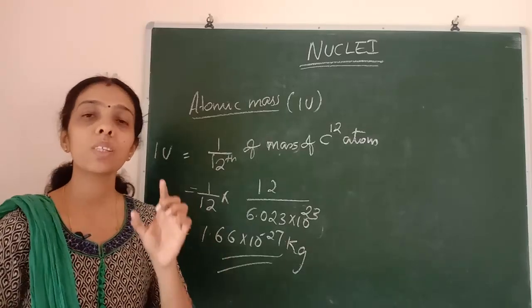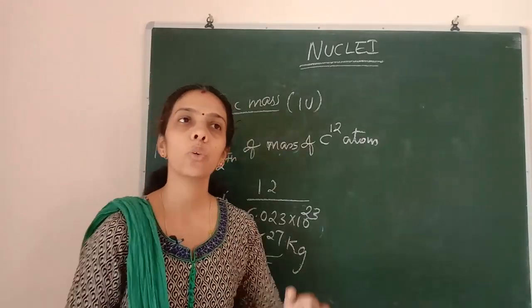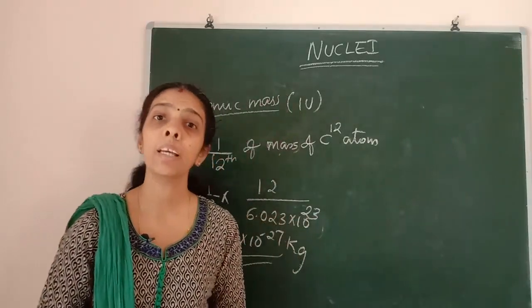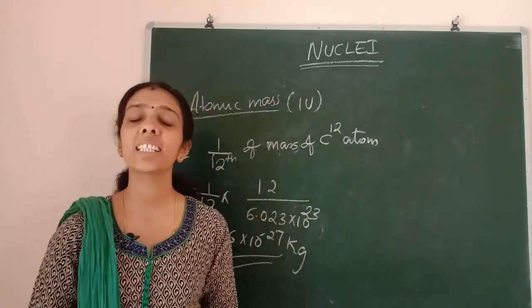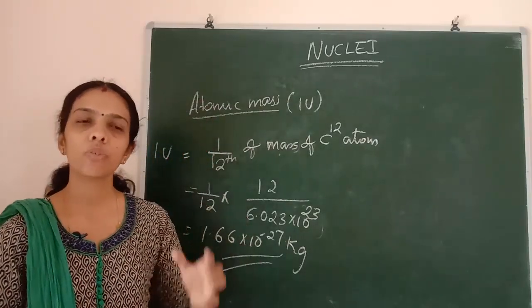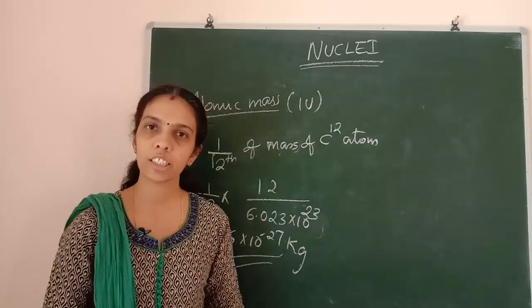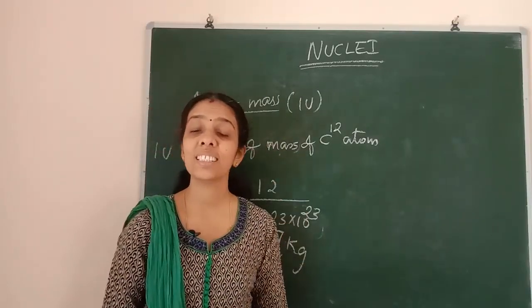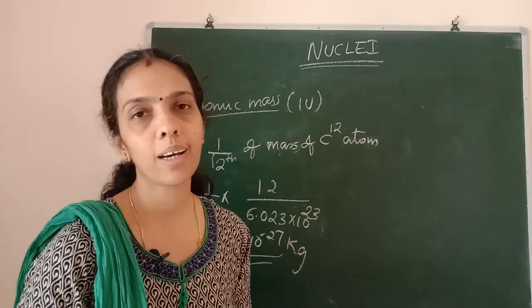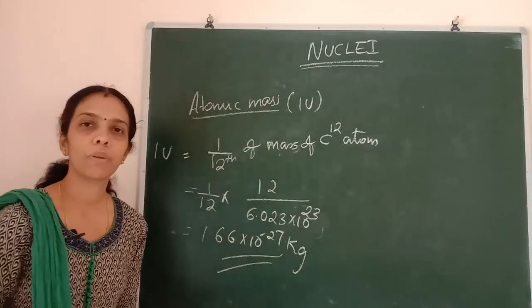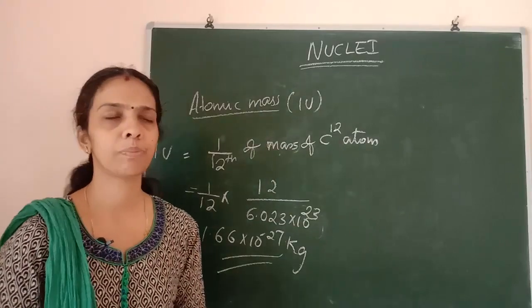We will always represent the mass of an atom as an integral multiple of the mass of a hydrogen atom, so first we consider the mass of hydrogen atom, then 5 times, 6 times. Clear? So this is how we find the atomic mass.